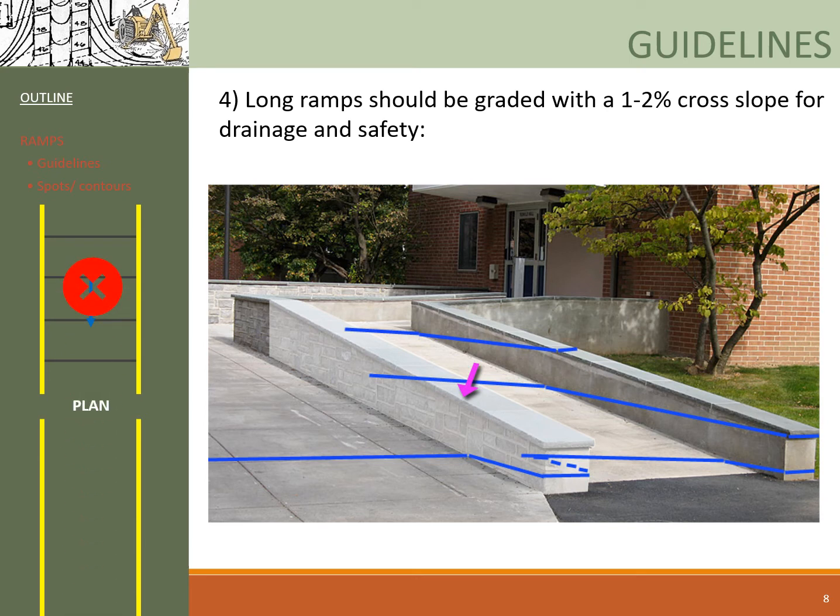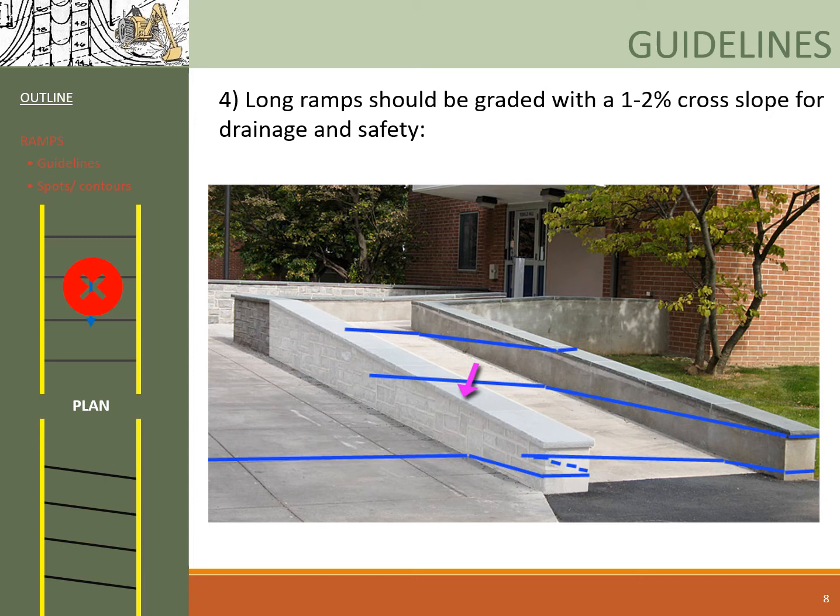This is wrong, okay, for the long ramps. They have to angle so that water can quickly drain to the side of the ramp. Not doing this will likely cause a sheet of ice to form on the ramp in winter, which can be very dangerous, especially for those in a wheelchair.